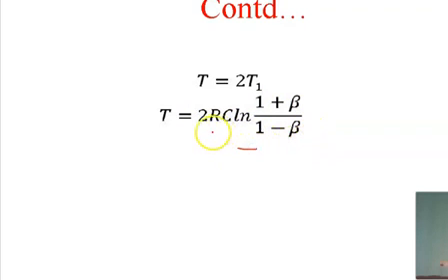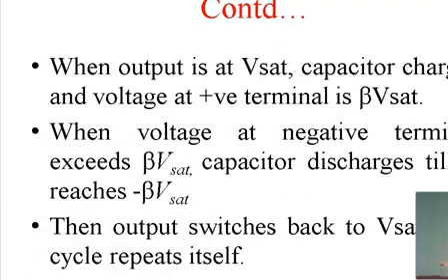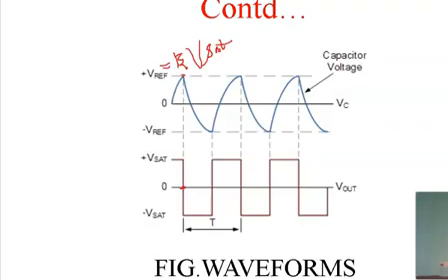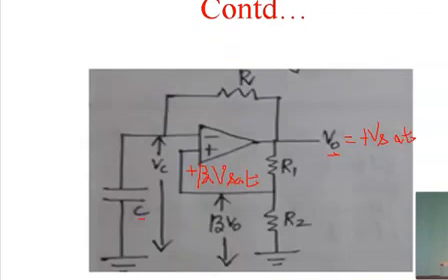Okay. So let me tell you the principle of the astable multivibrator again. The astable multivibrator makes the operational amplifier operate in the saturation region. Initially we are assuming that the output voltage V0 is equal to plus V saturation.